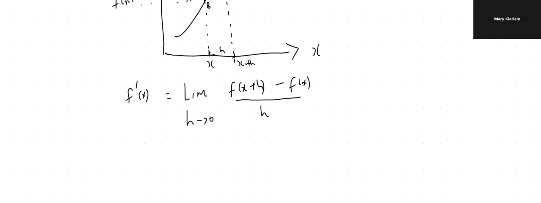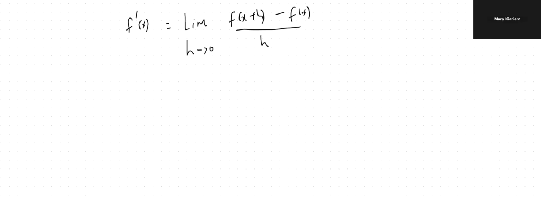So we can be asked to find the derivative of a given function from the first principle. So I want us to do an example where we are showing that.